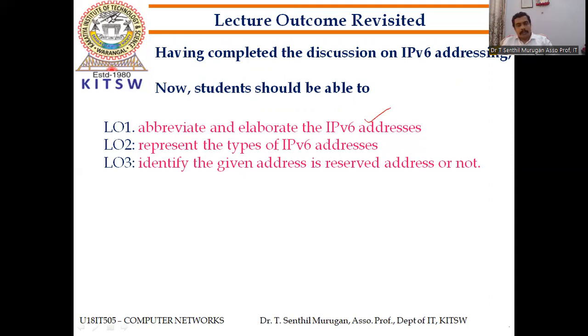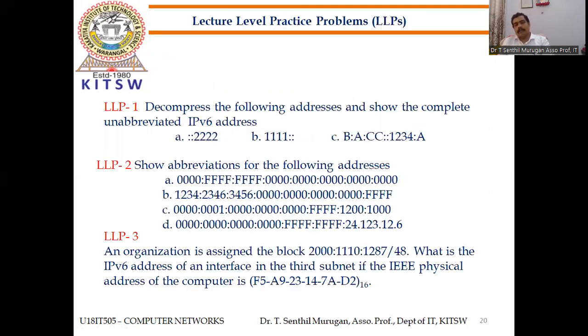They are able to represent the types of IPv6 addresses and also able to identify whether the given address is a reserved address or not. These are the lecture level problems, based on the lecture outcomes. LLP1 is based on lecture outcome 1, LLP2 represents LO2, and LLP3 represents LO3.